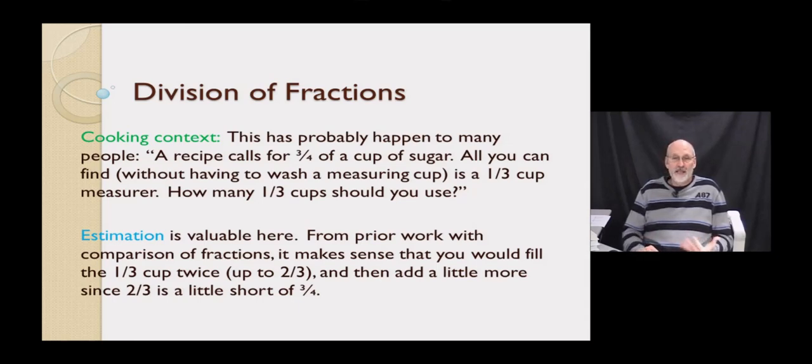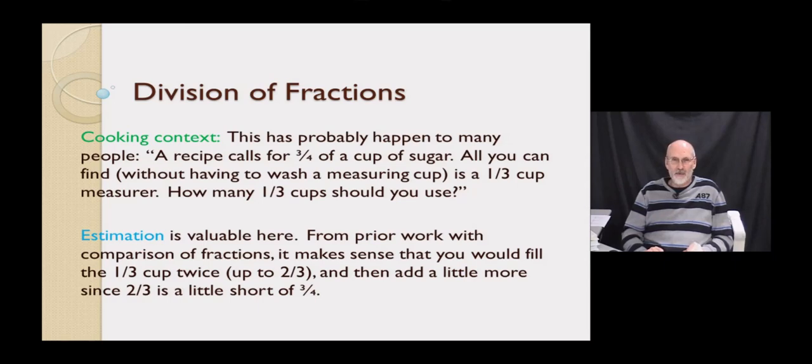And that's why, just like with the other operations, estimation is really, really important. You ought to be able to look at this context and think about, if I can only find this 1/3 cup, how many times am I going to fill it up and pour it in? Well, I need to get up to 3/4. I don't want to fill up the 1/3 cup 3 times because that would give me a whole cup. And 2 is not enough, so I know it's somewhere between 2 and 3.